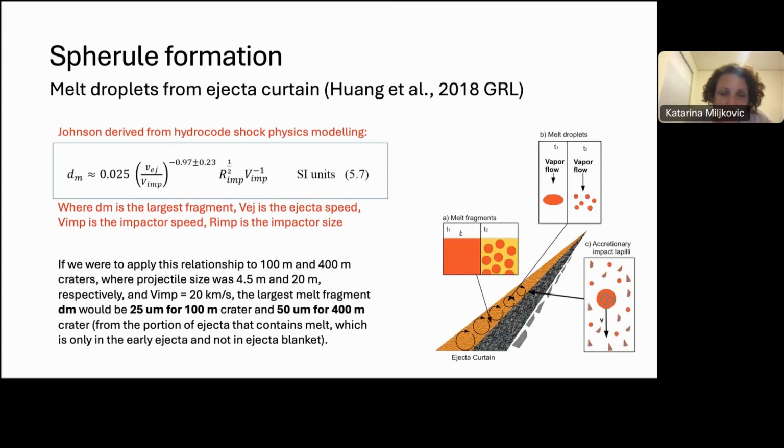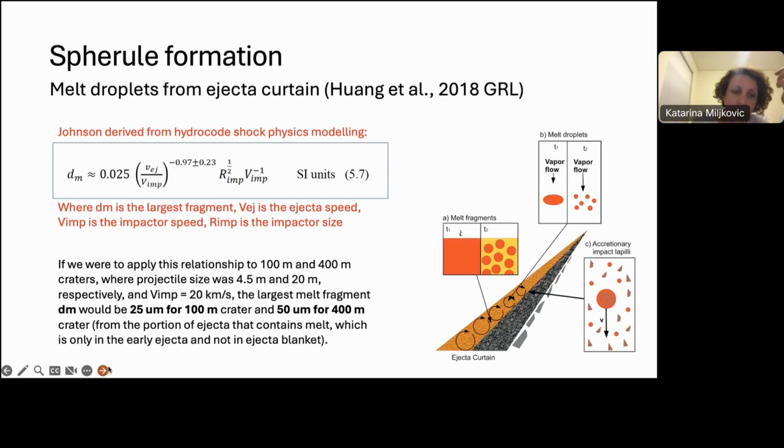And so plugging all of those estimates into the equation, we get that for craters that are sub-kilometer in diameter, we have projectiles that are of meter size, of tens of meters of size, with an average speed of, let's say, 20 kilometers a second, which is an average or most likely encounter speed at the moon. Then we find that the largest fragments, according to this estimated theoretical equation, would be of micron size, which is an extra confirmation that we're looking in the right crater size range for source craters. So that was the first check.